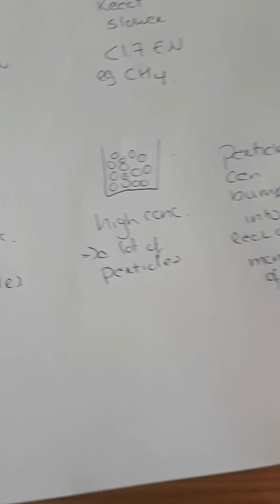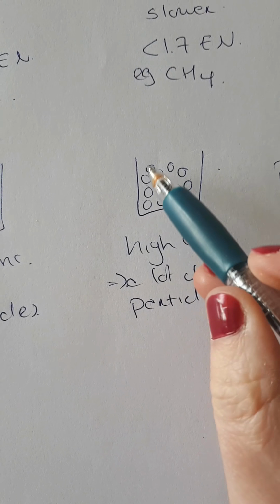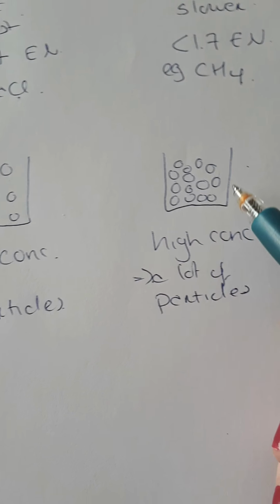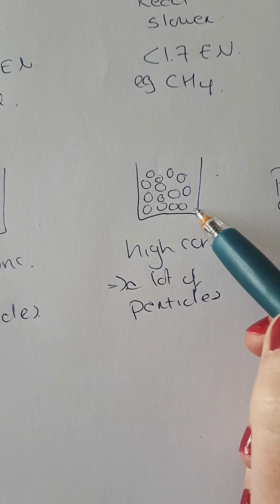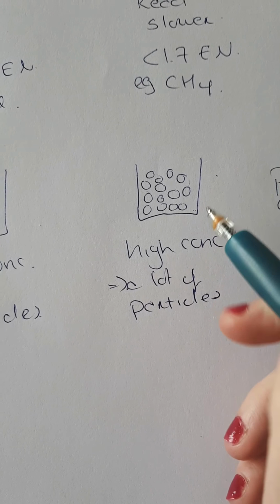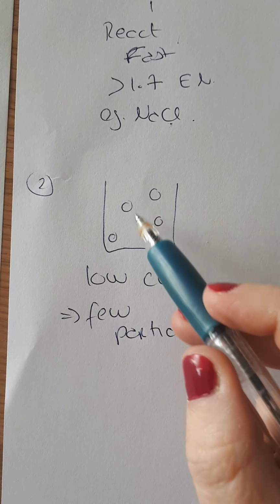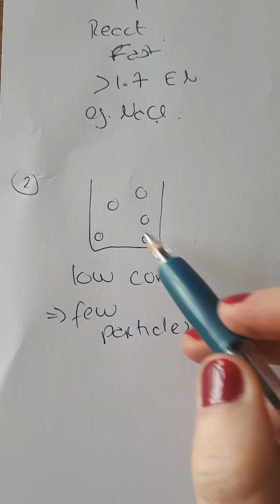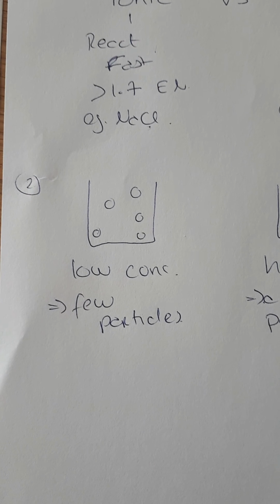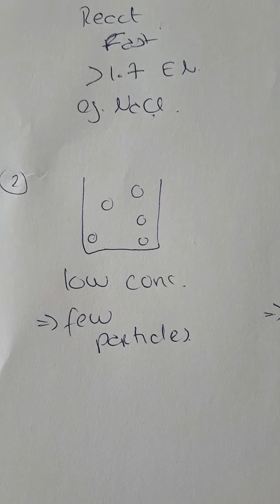And that stands to make sense. If you have a lot of particles within the one small area, there's a greater chance of bumping into each other, or in terms of chemistry, collisions. If you have very few particles in the same amount of area, there's going to be fewer chances for collisions.